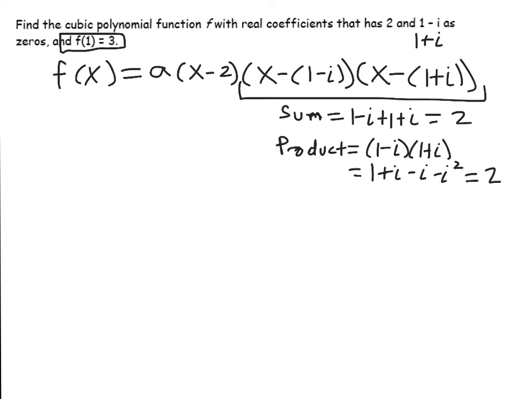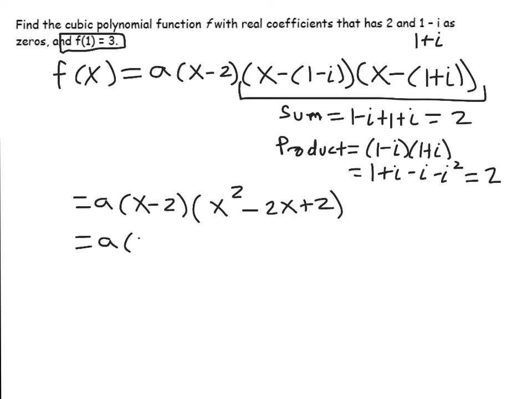So let's bump everything down to here. Still need a. I've got x minus 2. But these two imaginary zeros are coming from a quadratic that would be x squared minus 2x plus 2. And from here, we're good to do a little distributing. Again, a will sit out front, but let's distribute the x and get x to the third minus 2x squared plus 2x.